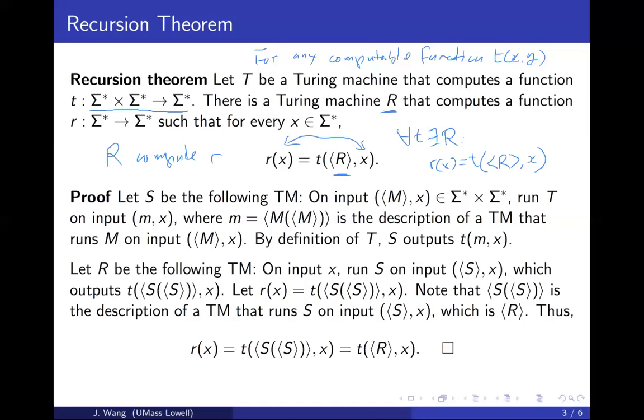On input whose first element is the encoding of a Turing machine and whose second element is an input to this M, we simply run capital T on this input M comma X, where M is the encoding of M on input, which is the encoding of M itself. So that's a small m.